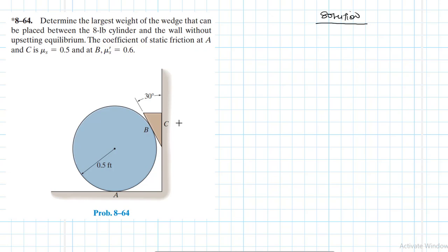We want to place this wedge so that it is in contact with the cylinder as well as the wall at C, and as we do that, we still want to maintain equilibrium. In short, we do not want this cylinder to move in the Y or in the X, or to rotate.